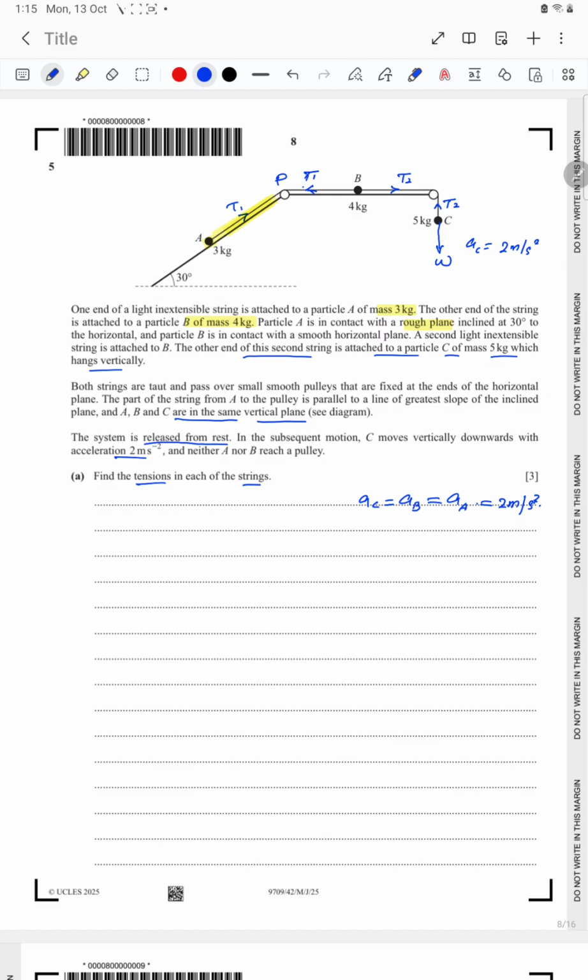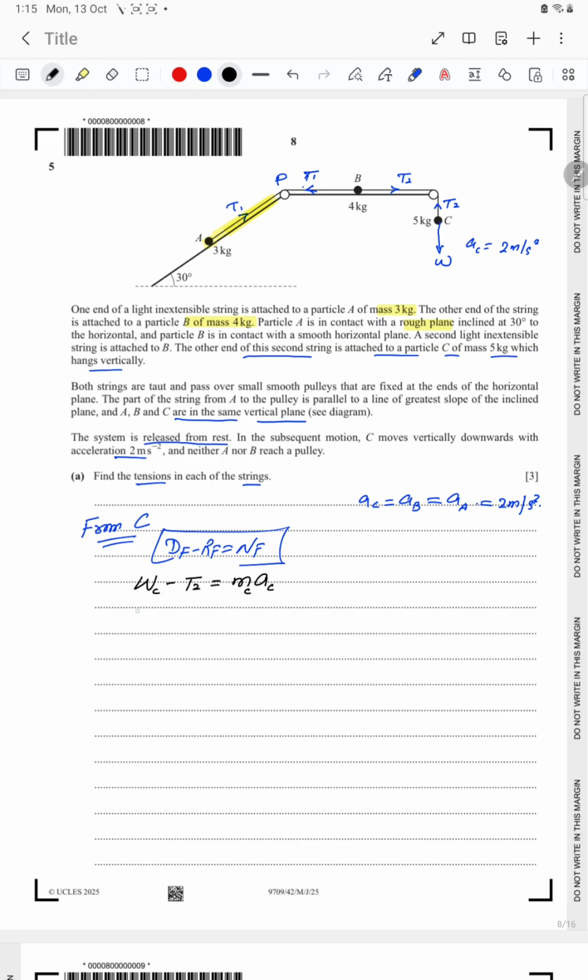So first of all, starting from particle C, because that is the heaviest particle, because of which the motion is possible. So we know that driven force minus resistive force is equal to net force. We know this because when the system is released from rest, we need to keep this in mind. At C, the driven force is the weight of C, and the resistive force is tension T2 only, and net force is m_C times a_C.